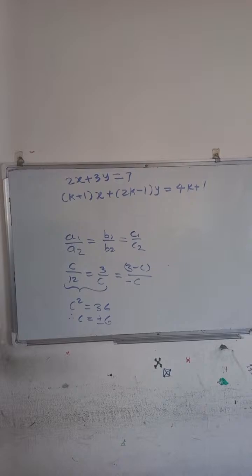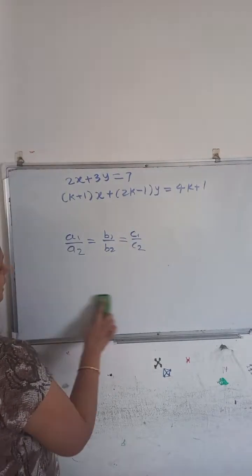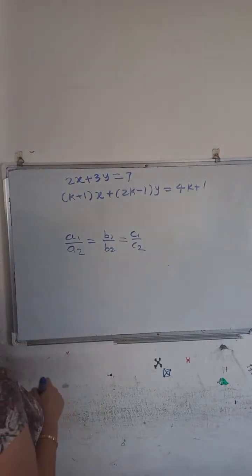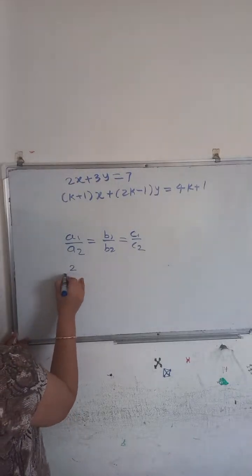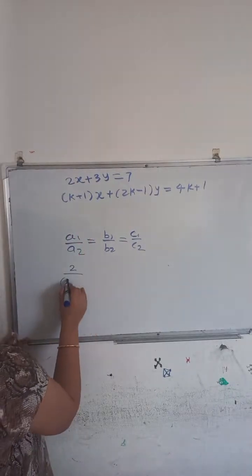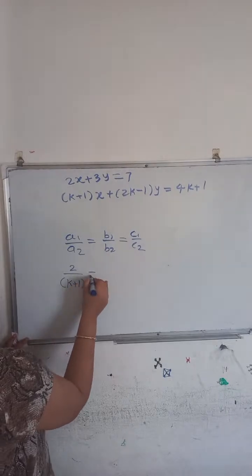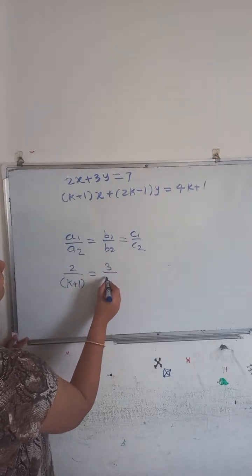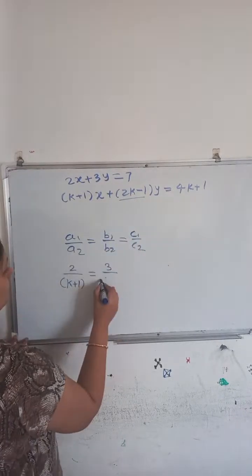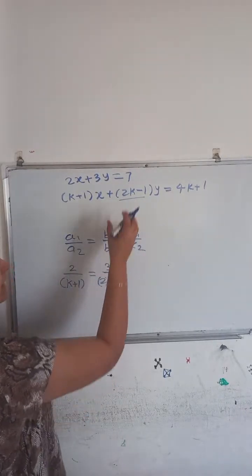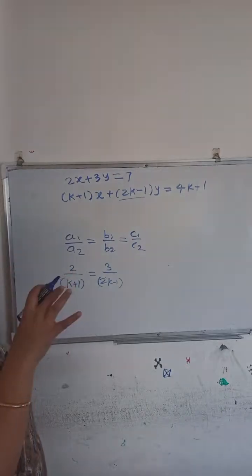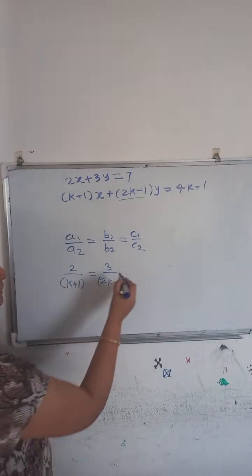So write down this equation, and here the same condition is there. They are saying infinitely many solutions. I already wrote the condition also. Now substitute the values. A1 is 2, A2 is k plus 1 and B1 is 3, B2 is 2k minus 1. Take the coefficients, don't split them.